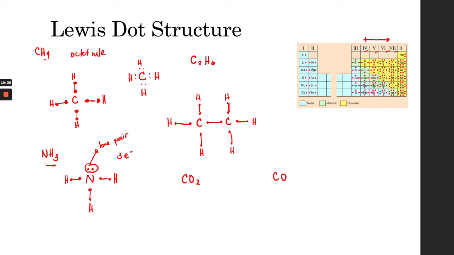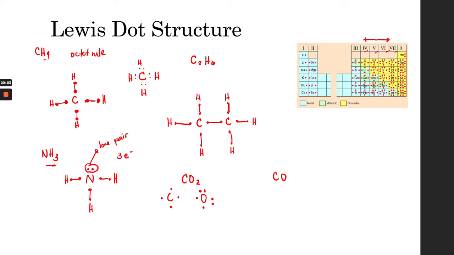We know that our carbon has 4 valence electrons. Our oxygen, since it's in the 6th group, has 6. To write that, you just want to do each side. So we have 1, 2, 3, 4. Now you can pair 2, 3. So this is our oxygen, and we have two of these.